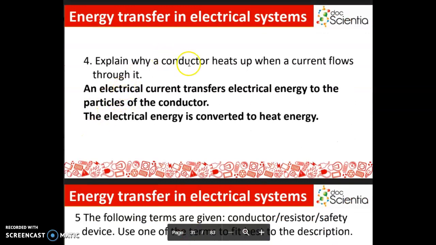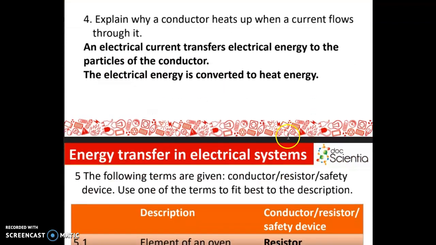Number 4. Explain why a conductor heats up when the current flows through it. So an electrical current transfers electrical energy to the particles of the conductor, and the electrical energy is converted into heat energy.